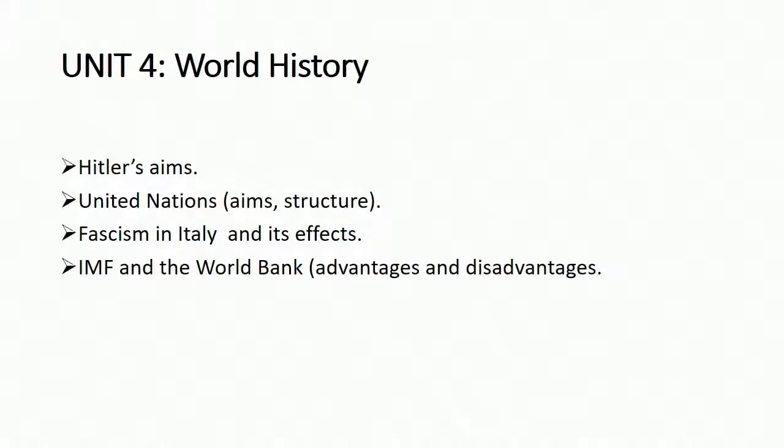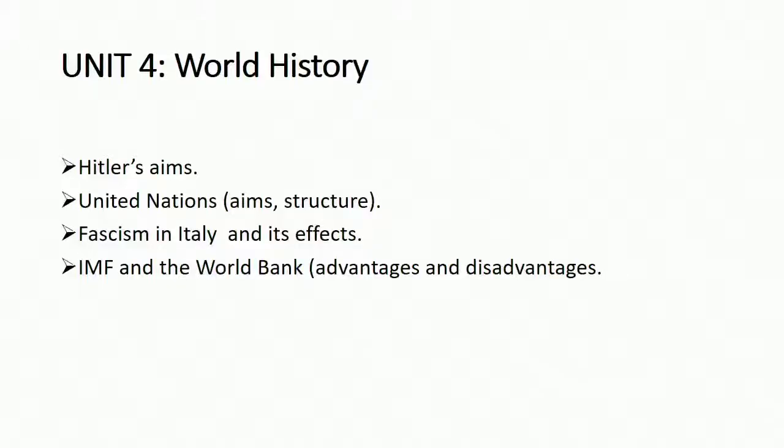After Mussolini came to power, what were the good things that Mussolini and his government provided to people in Italy? And what were the bad effects of this fascism in Italy? But don't only focus on Italy itself, also consider the other effects it had on the world.